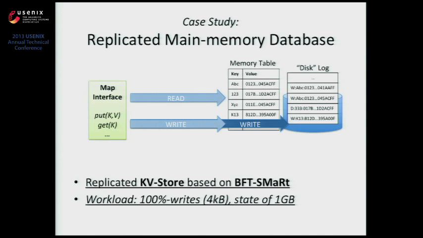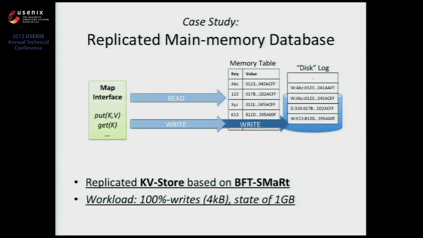I will show you some problems in trying to implement this on a classical state machine replication model through a very simple key-value store based on BFT-SMaRt, which is an open source replication library, which is BFT, but it also tolerates crash. So, like I said, the problem of tolerating Byzantine faults or crash faults here is not really relevant, okay? The workload is only writes, because we want to exercise the stable storage.